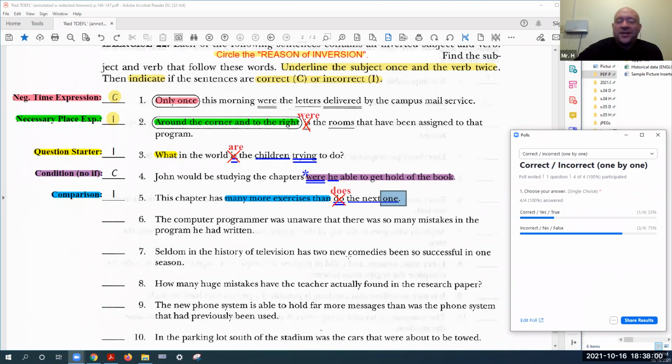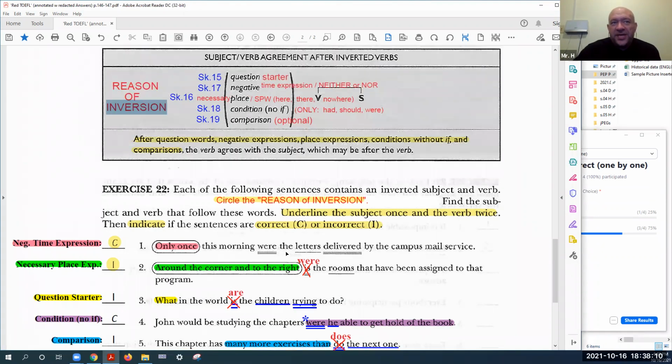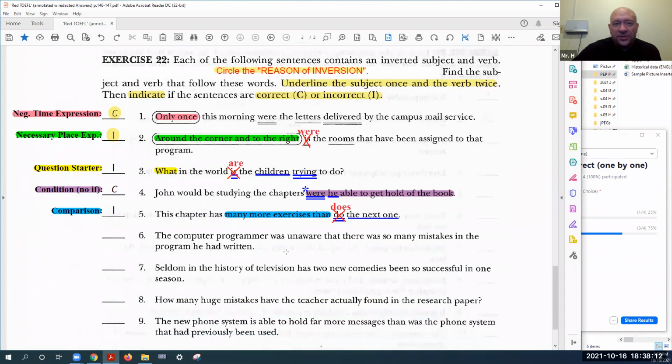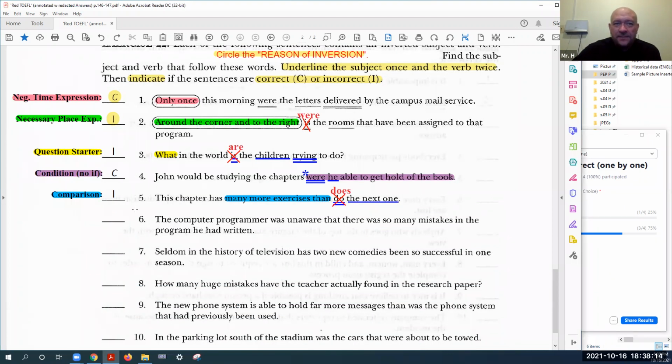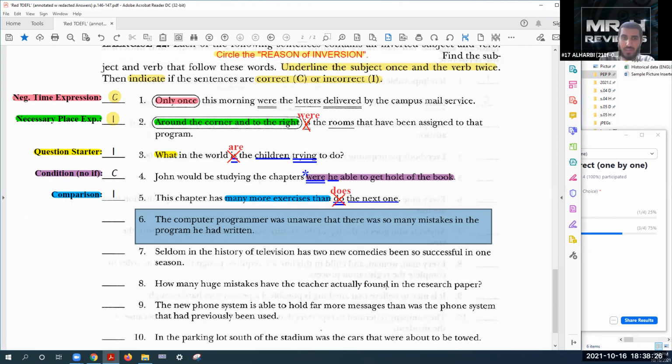All right. Who did? Don't be shy. Who said it's correct? Harvey. Okay. Let's find the reason. The reason to invert. What is the reason? Find it. I don't know where the invert was.